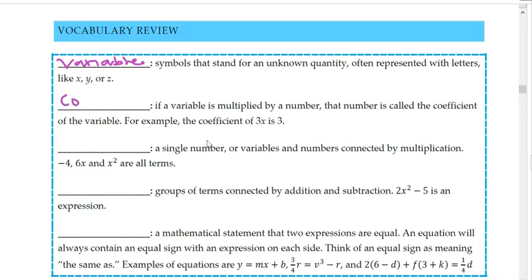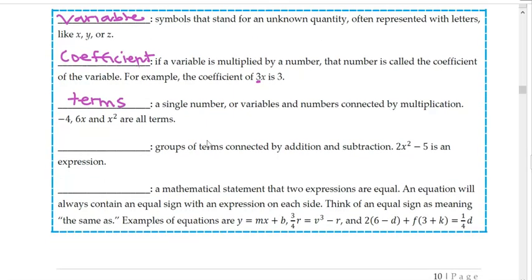The coefficient, those are the letters or the numbers in front of the letters, right? So like this 3 is the coefficient of 3x. Now terms, so if we have some polynomial things here, terms are connected by adding and subtracting. All right, so that's how we have those.